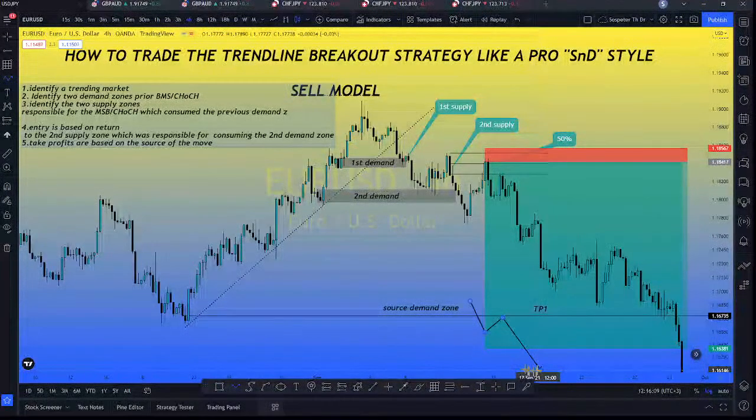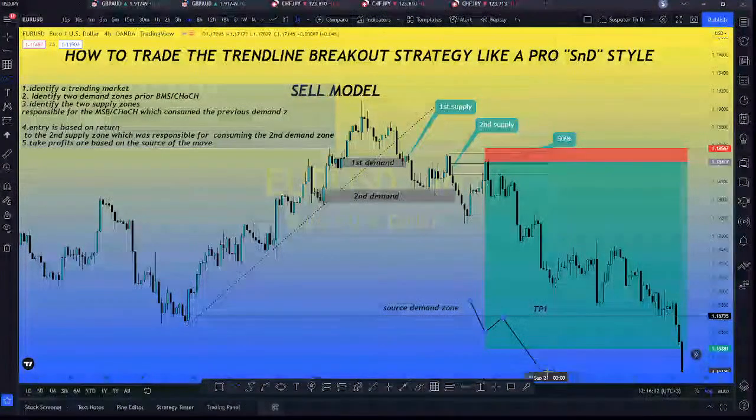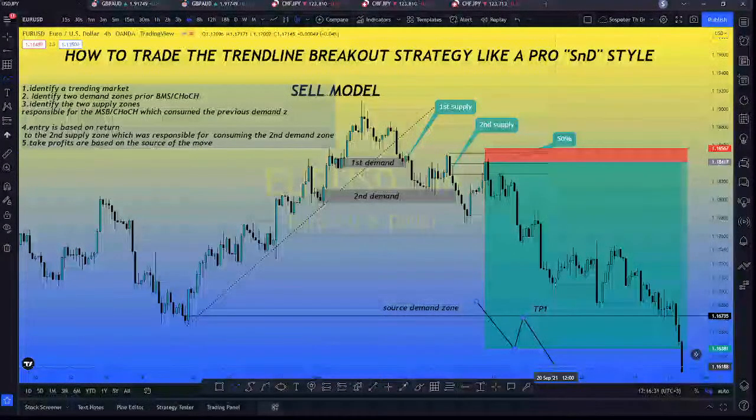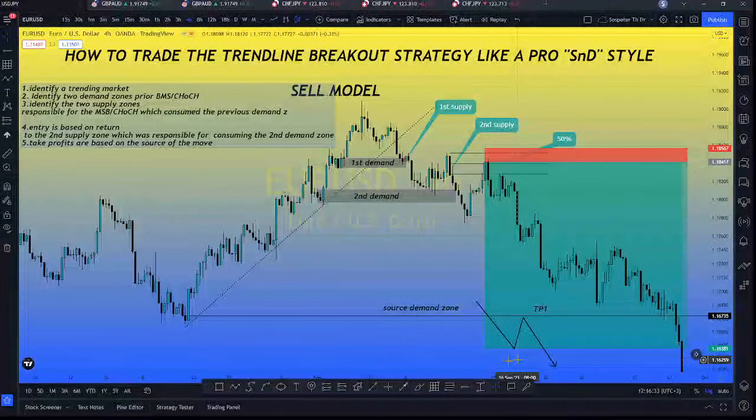And you have to understand the retest is not just a retest. Sorry, let me delete this. You have to understand what I mean by a retest. For those who have covered supply and demand, you know what a retest is.